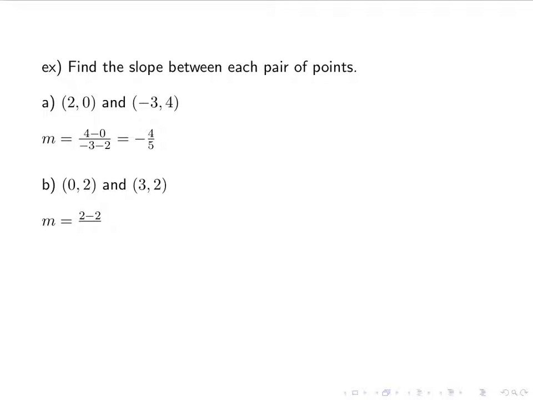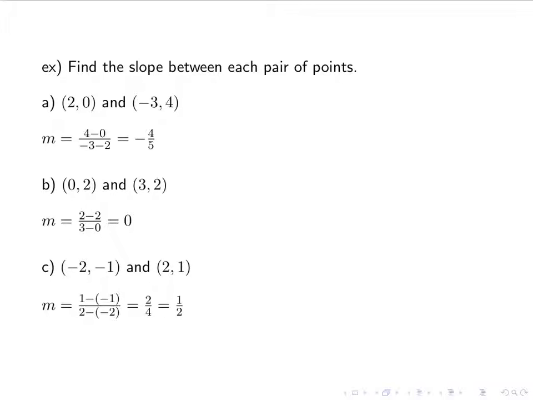Slope is 2 minus 2 over 3 minus 0, which gives us 0. Let me try another one. Negative 2, negative 1, and 2, 1. So m is 1 minus negative 1 over 2 minus negative 2, which is 2 over 4, and we always need to simplify our slopes. So 2 over 4 is 1 over 2.